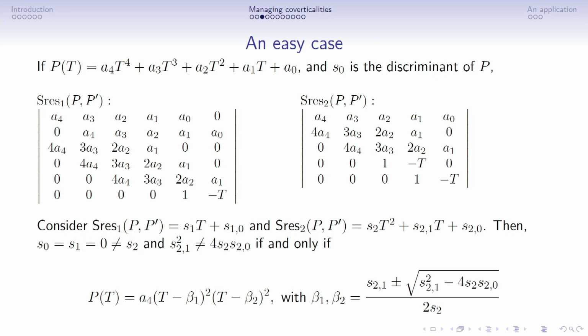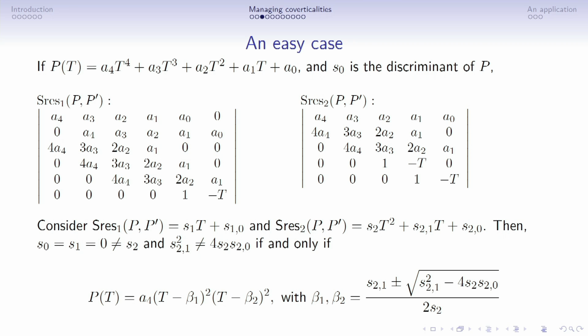All right. So the point is that generically the first subresultant is a degree 1 polynomial, the second subresultant is a degree 2 polynomial, and when the first subresultant and the resultant, the discriminant, are 0, then the second subresultant is the greatest common divisor of p and p prime.